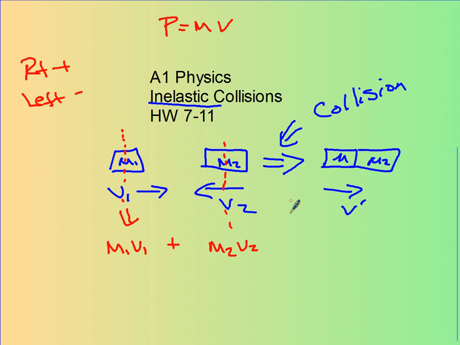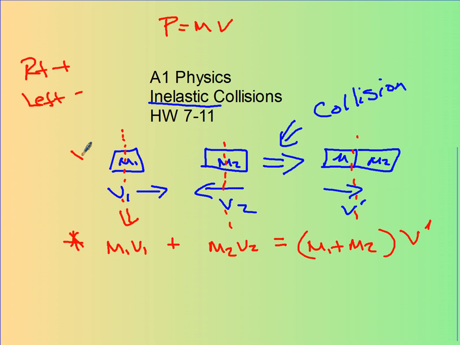Now, this big arrow here always means equals. Now, let's look at these two. They're stuck together. So when I read this straight down, I'm going to have m1 plus m2 times my final velocity. So, on an inelastic collision, this is always the equation you're going to need to come up with.